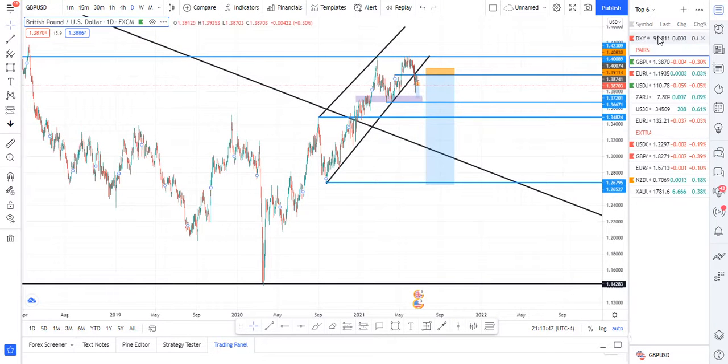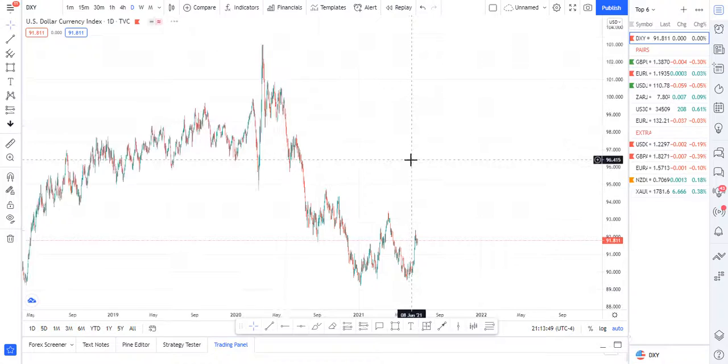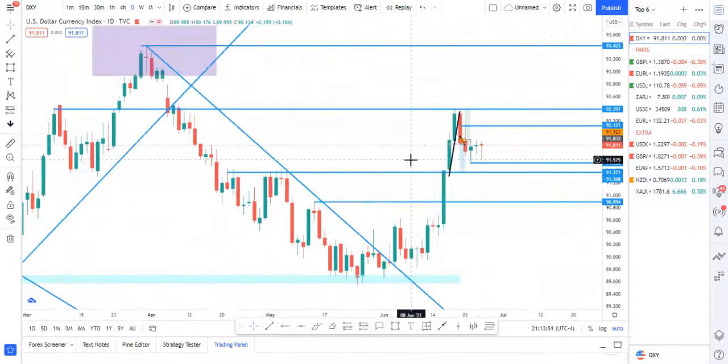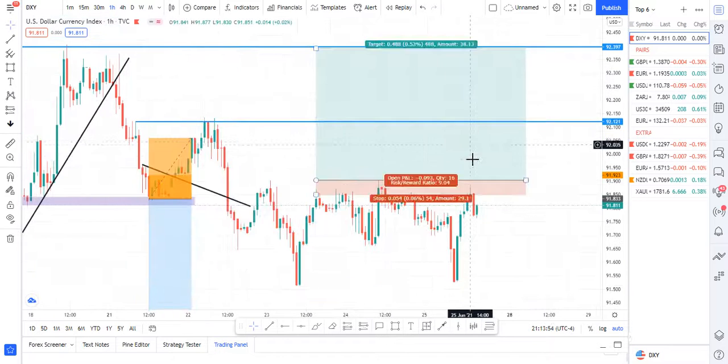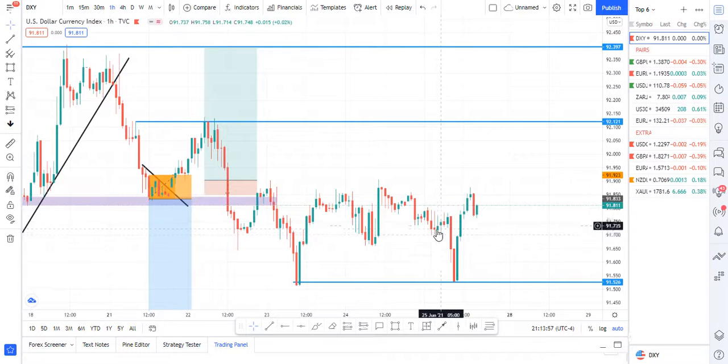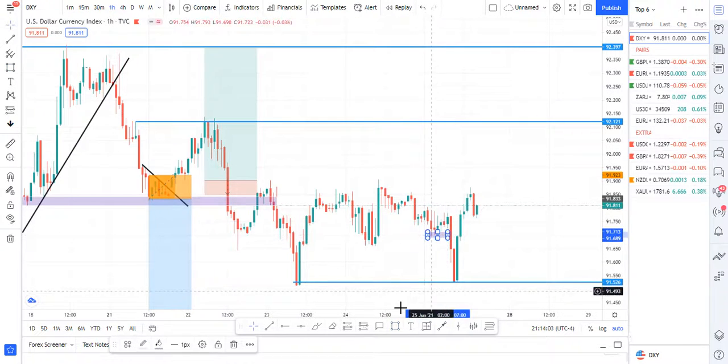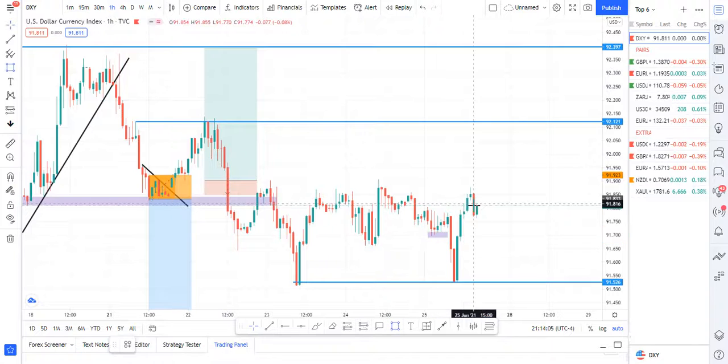Based on that, let's go to the DXY and look at what's happening. This is the same head and shoulders. You understand? This is a head and shoulder formation. Here's the left shoulder, here is the right shoulder.